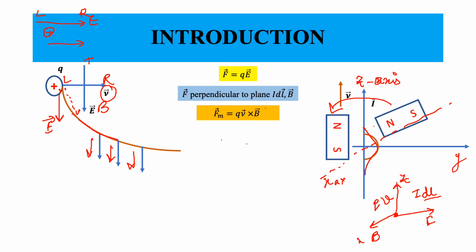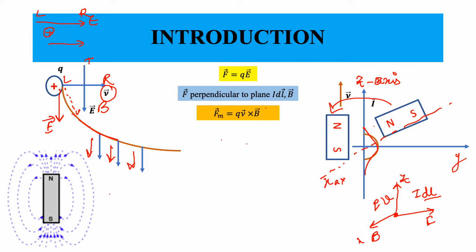This is probably much easier for us to imagine. Whenever you take a magnet and look at your high school textbook, you would see that if you bring some iron filings around it, they would stick around something like this. You have seen this kind of picture earlier.